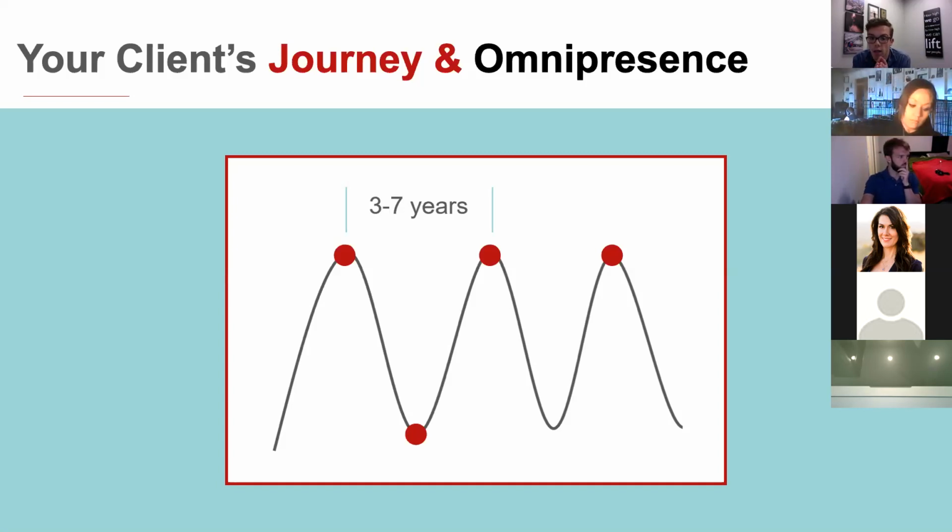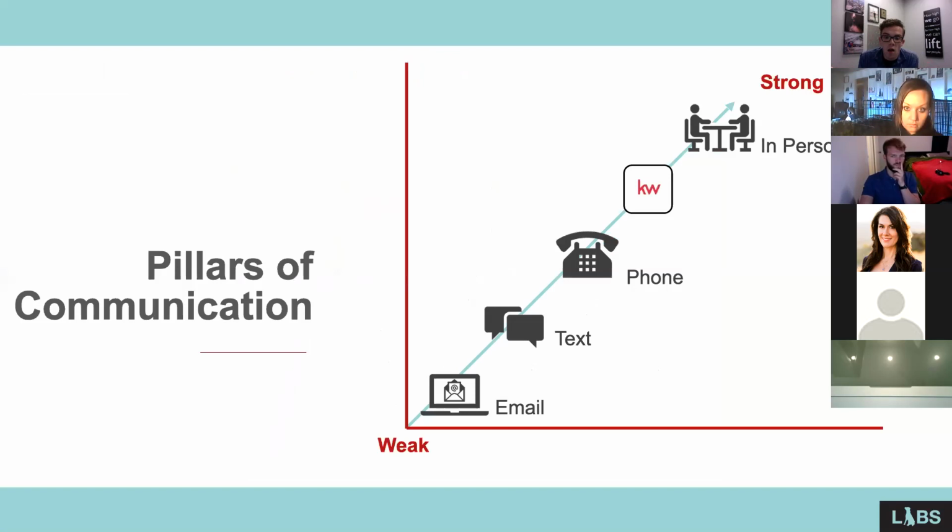So our goal is to remain omnipresent in their lives and to continue to provide value and be their real estate expert and advisor throughout those 3 to 7 years, not just as they're nearing that next time they're going to transact, but throughout time.